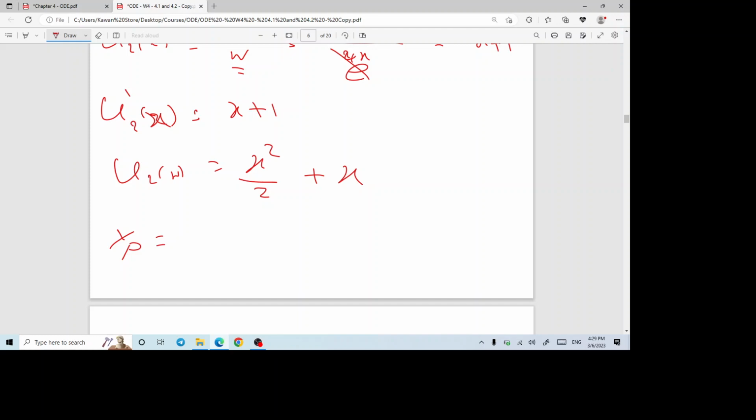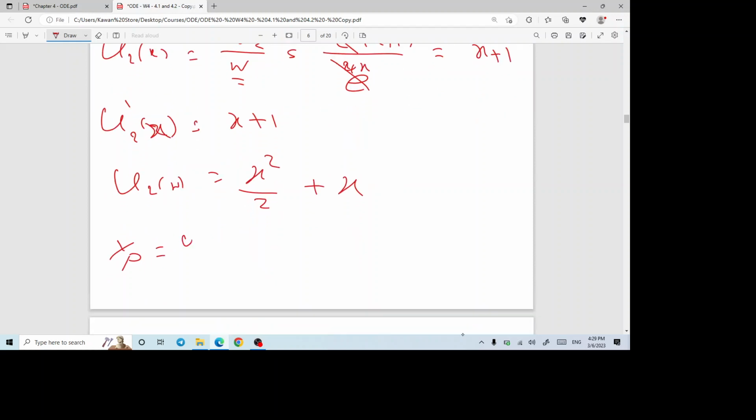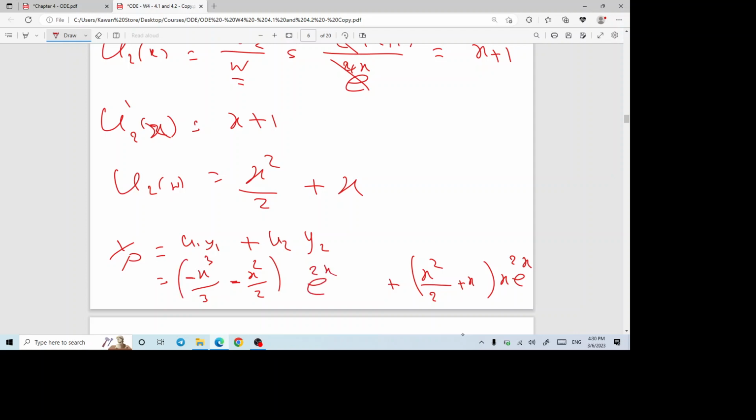So tell me about yp. Yp equals what? We say u1 y1 plus u2 y2. So u1 equals minus x squared over 2, multiplied by e to the power 2x.